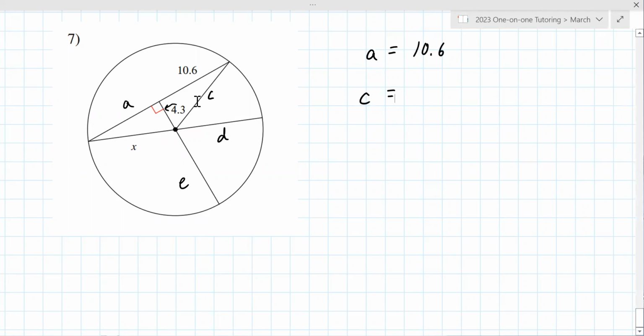We don't have to calculate C, but what is the process for calculating C? 10.6 squared plus 4.3 squared. And what is that called? What is that overarching relationship? The Pythagorean theorem. Yes. So it ends up being whatever it is. It doesn't actually work out nice. What is D and what is E in this problem? And X for that matter.